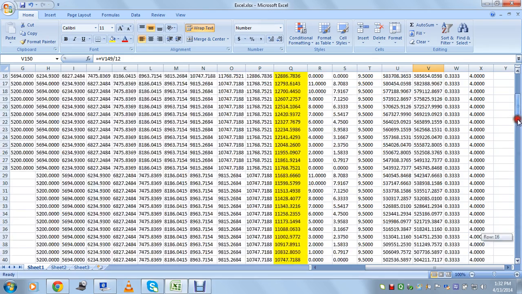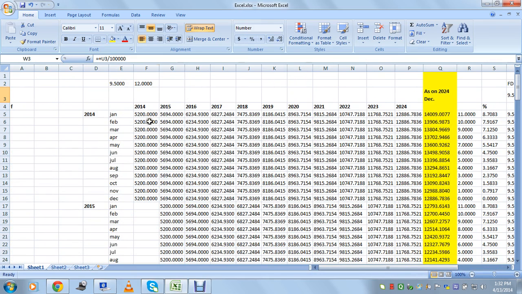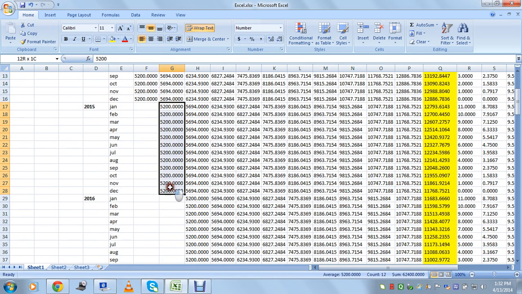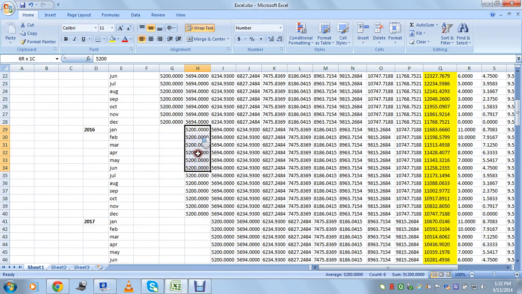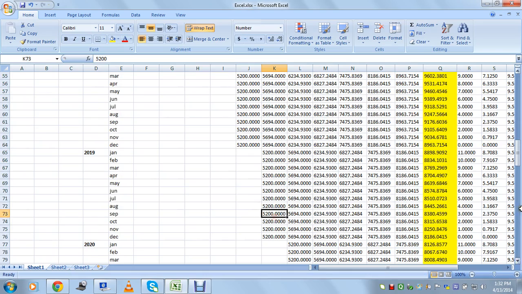If you are going to go for an RD, the only reason should be that you don't have this much amount and you are making a small investment of 5200 rupees a month, and you are able to give 5200 or an equal amount every month, every single year for 10 continuous years.